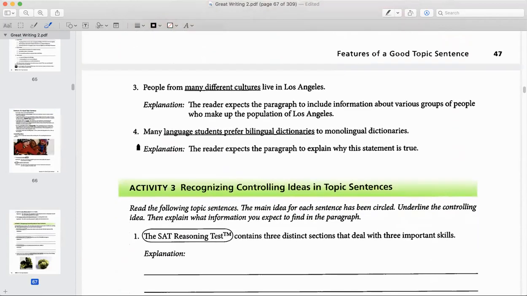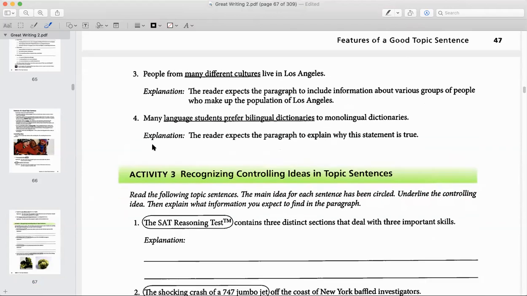And now, controlling idea, we're going to learn why soccer is popular. Number 3, people from many different cultures live in LA. So what is our topic here? Basically the people in LA. So we can expect that we're going to learn about different people who live there.